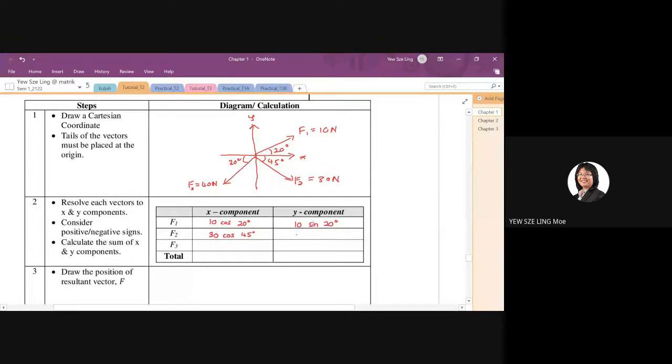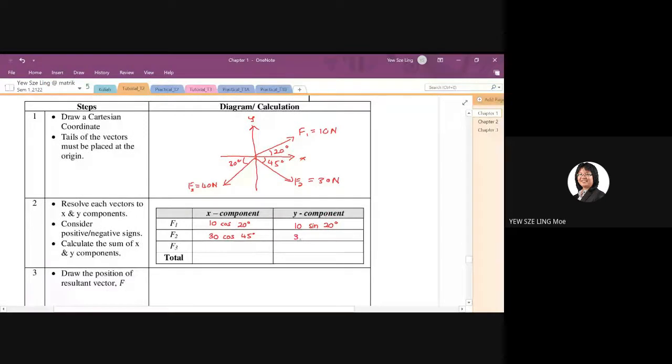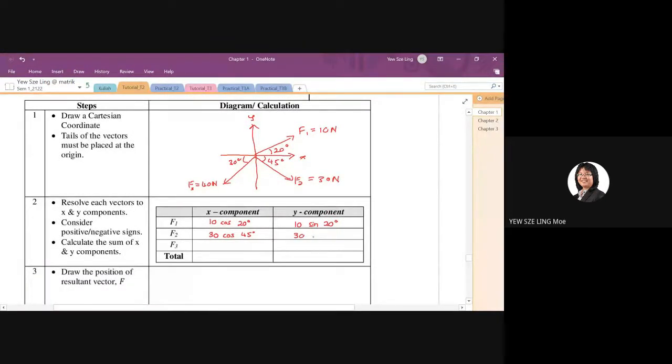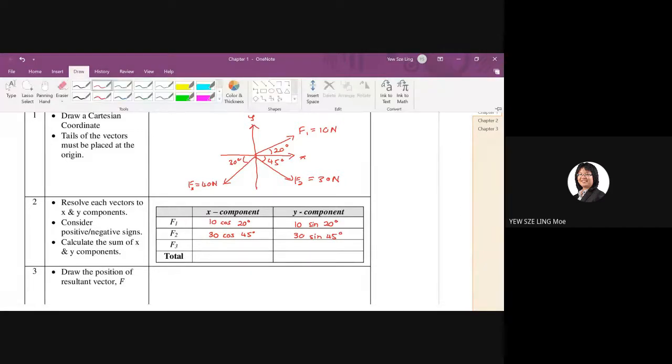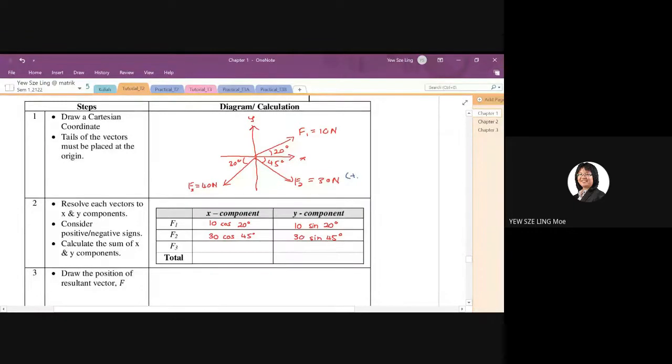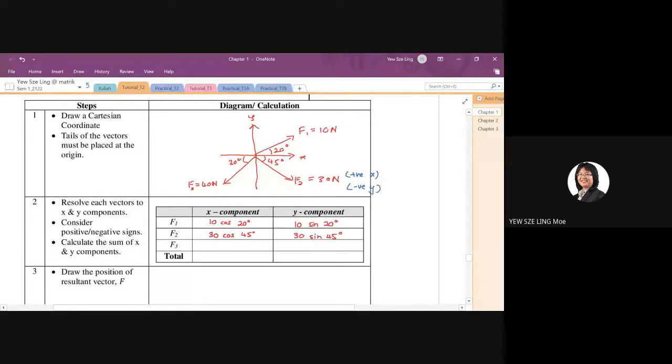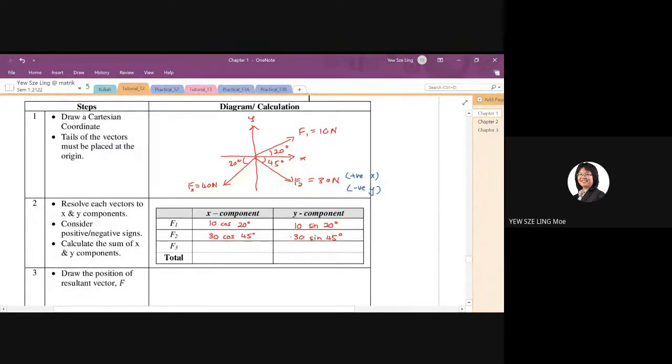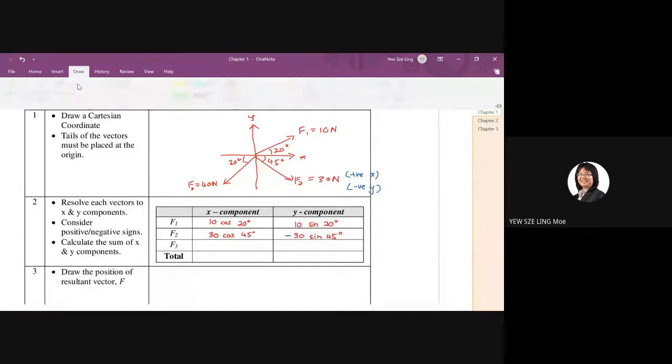Whereas for the y component, we just repeat the value but change cos into sine, so sine 45 degrees. But now, if you look at the diagram, my F2 is located in the fourth quadrant. In the fourth quadrant, we have positive x, but the y should be a negative value. So you add a negative in the table.